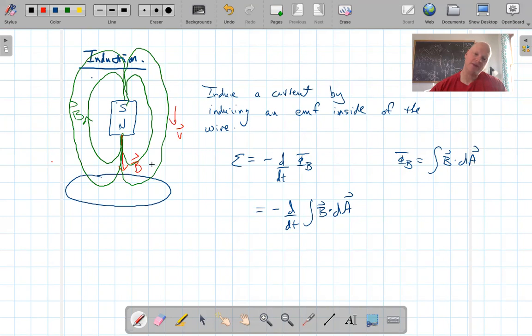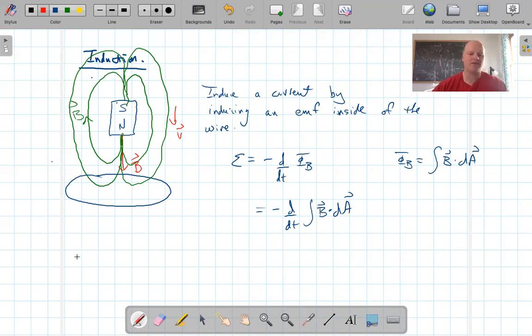Even though the magnetic field itself is time independent, because the magnet is stationary and the field depends only on the strength of the bar magnet itself, the number of field lines passing through this area is changing with time, which induces this EMF. So the induced EMF is equal to negative the time rate of change of the magnetic flux. What's important here is that the flux is changing, not necessarily the magnetic field.